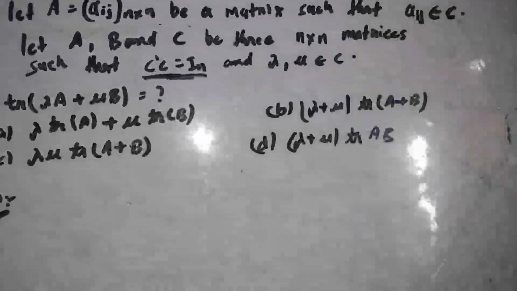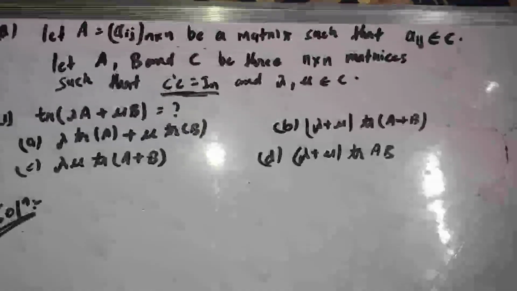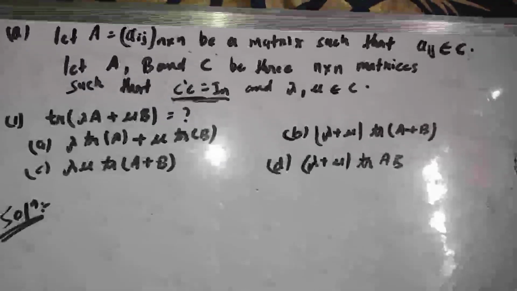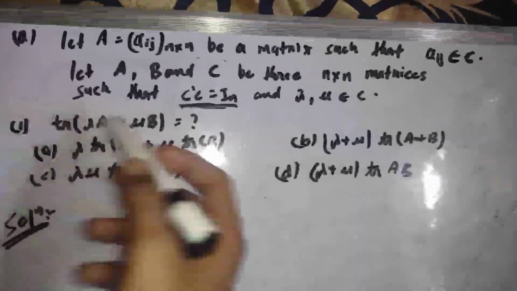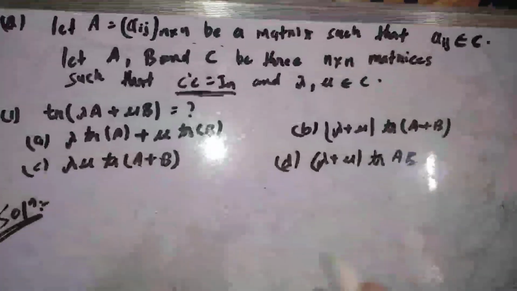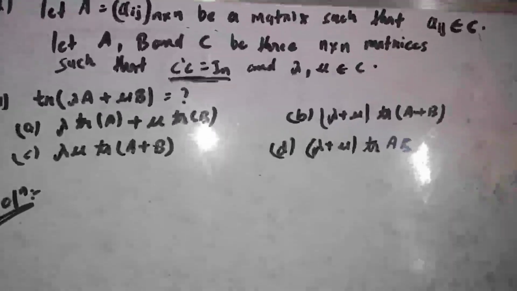This is actually a property that is used very often, but we are actually proving this: that the trace of lambda A plus mu B is something, whatever it is, in the form of a question. Okay, so let's solve it.